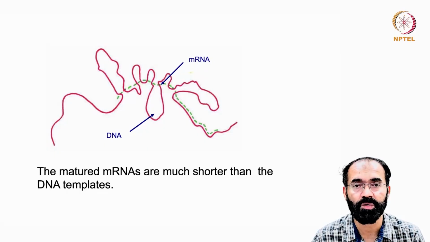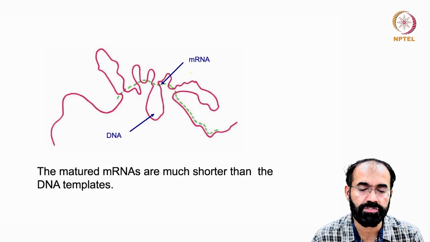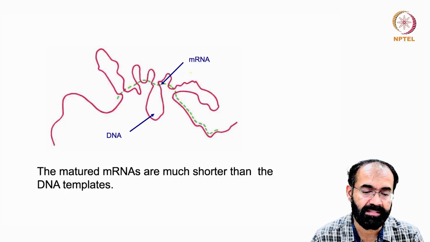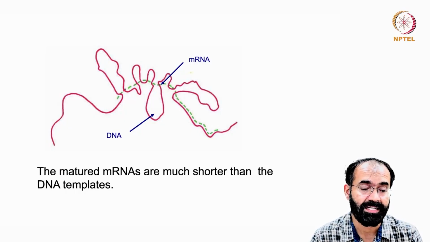If you are using a mature mRNA, you will see this green color is the mature mRNA, it is pairing, and then a huge chunk of DNA, which is pink in color, has moved out. Then there is pairing with the DNA, then there is a chunk of DNA coming out, and then there is a big chunk not pairing. You can see little smaller and smaller fragments of the RNA pairing with the DNA.